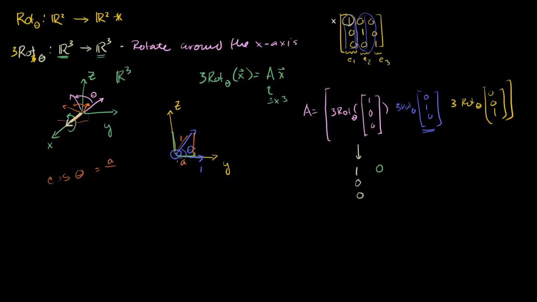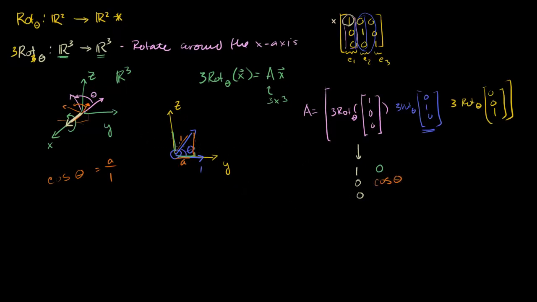The adjacent side is this right here, and the hypotenuse is equal to 1. So this adjacent side, which is going to be our new second entry, is going to be equal to cosine of theta, because you can just ignore the 1.